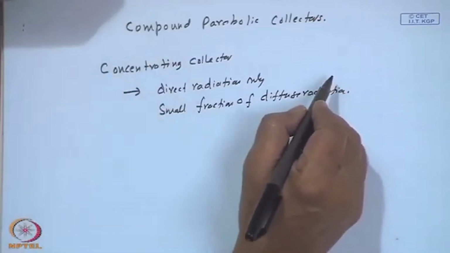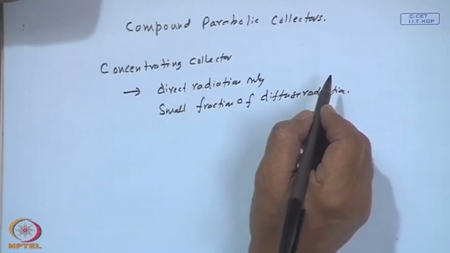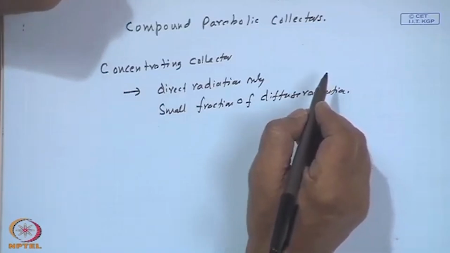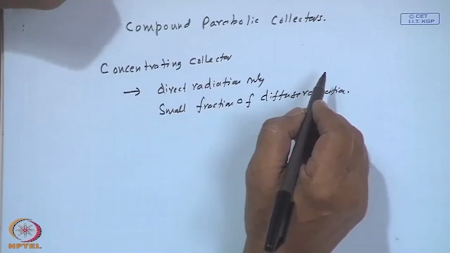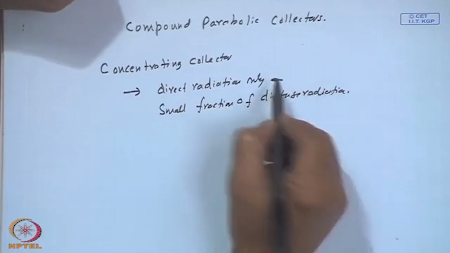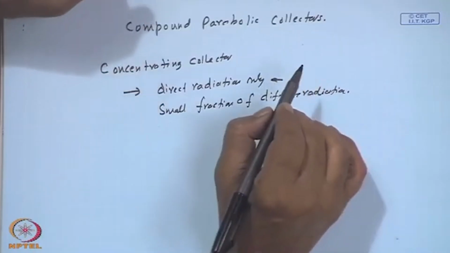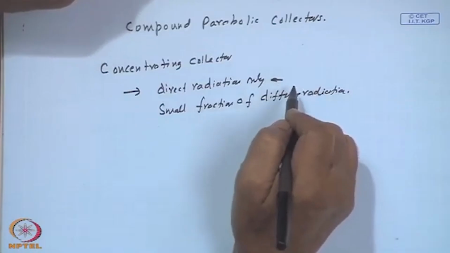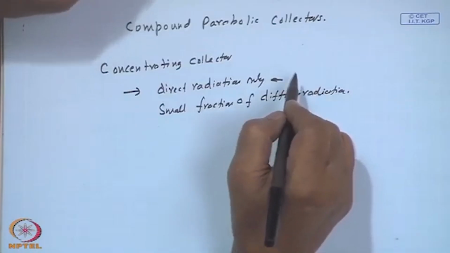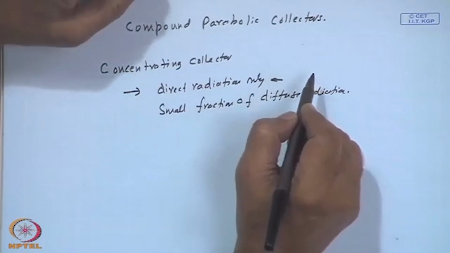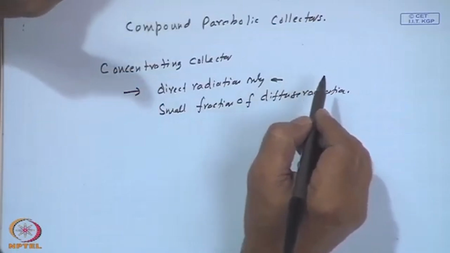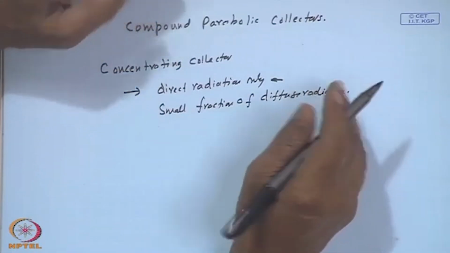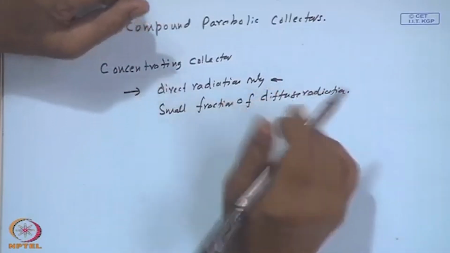So, you have got a gain because you track the solar collector with the sun's path or the sun's rays, and direct radiation falling on the aperture can be enhanced, no doubt, but you are losing 20 to 30% even on a bright day of diffuse radiation, because if the concentration ratio is high, the diffuse fraction captured by a concentrating collector will be extremely small.